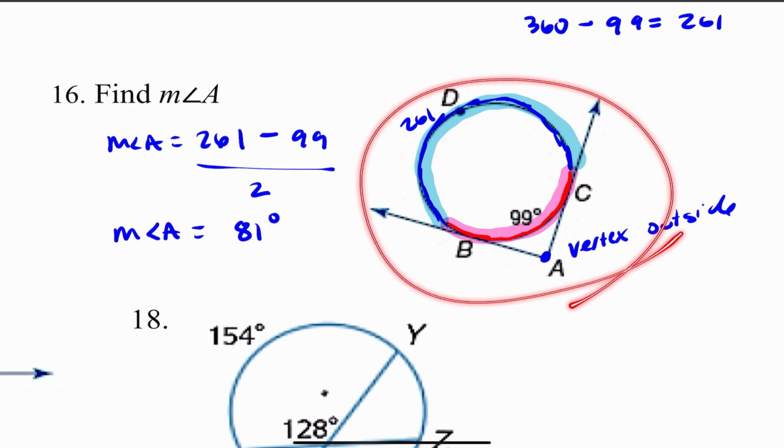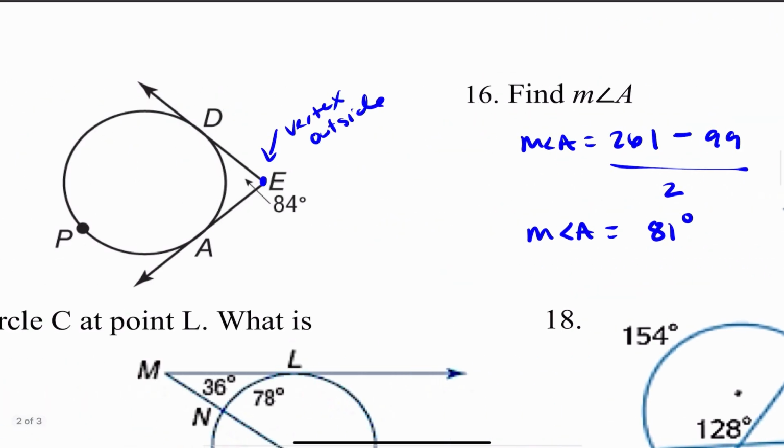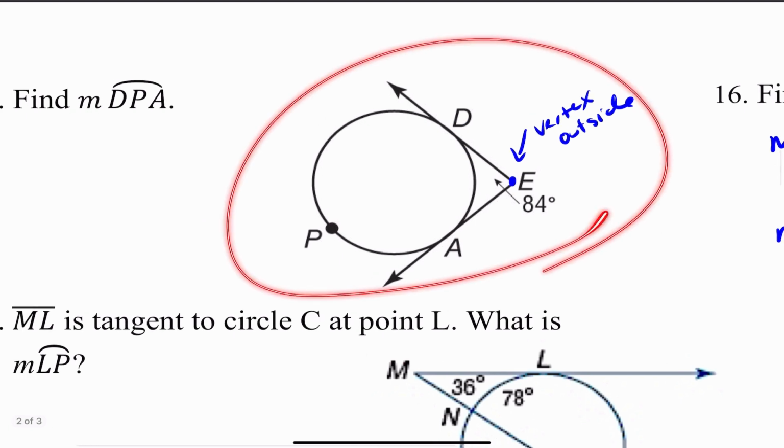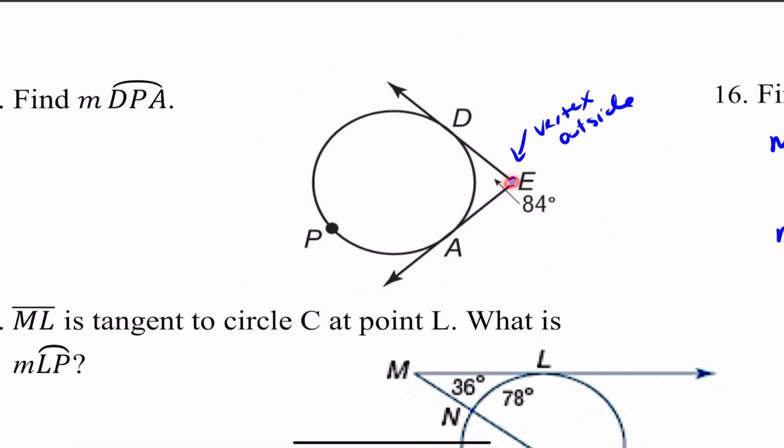So this question is very similar to this question. The vertex is outside, we're dealing with two tangents, but this one, we don't know the value of the major arc and this minor arc.